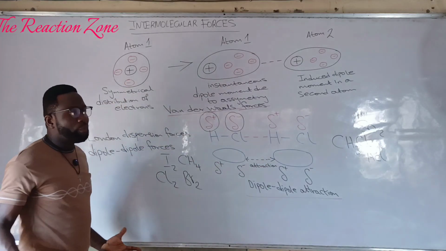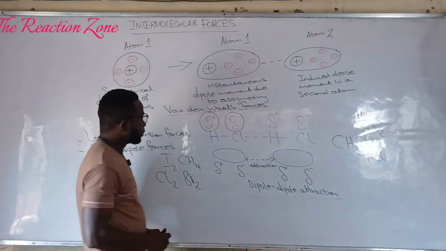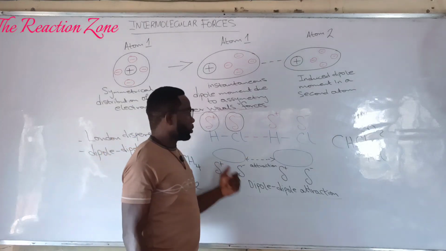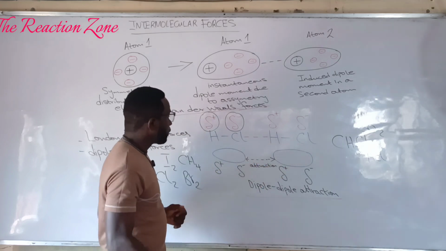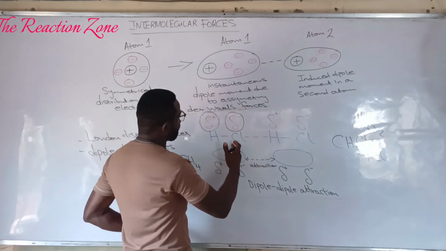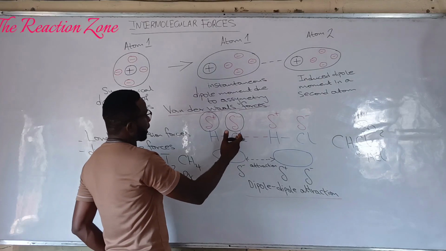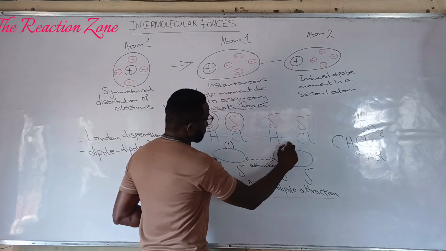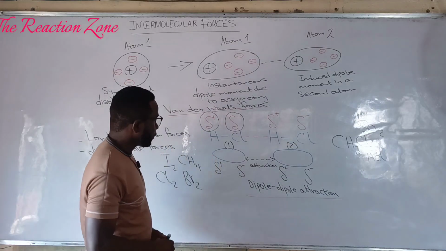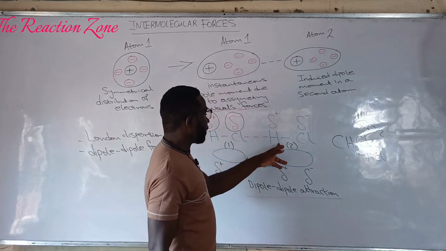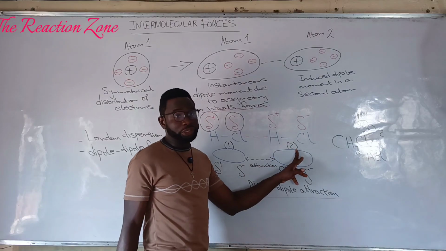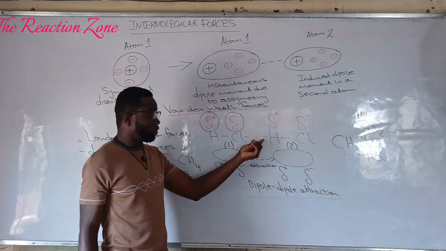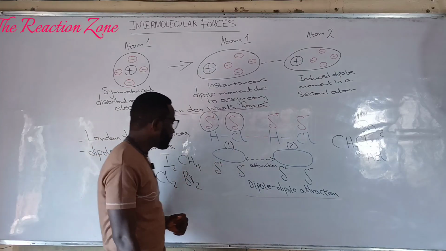In dipole-dipole attractions, the negative end of one dipole is attracted to the positive end of another dipole. And that is exactly what we see here. The partial negative charge on chlorine in molecule 1 is attracted to the partially positive end of the second HCl molecule. And that attraction is what you can see indicated by these dotted lines here.